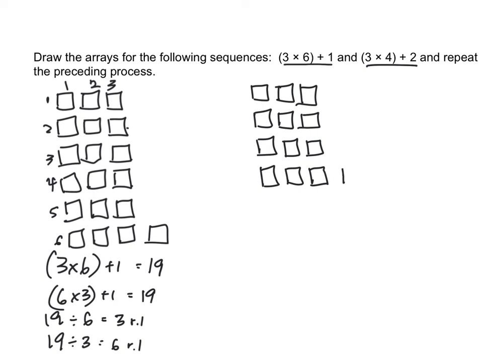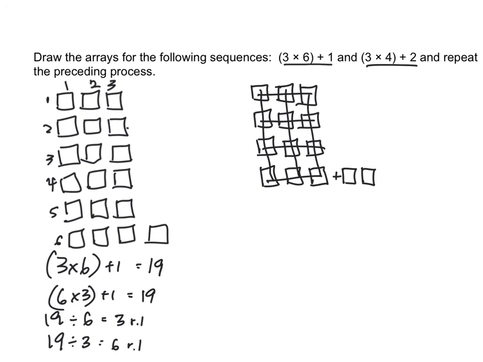And then we have to add plus 2. Alrighty, so we can see that we've got one group of 3, 2 groups of 3, 3 groups of 3, 4 groups of 3, or we have 3 groups of 4 plus our 2 right here.